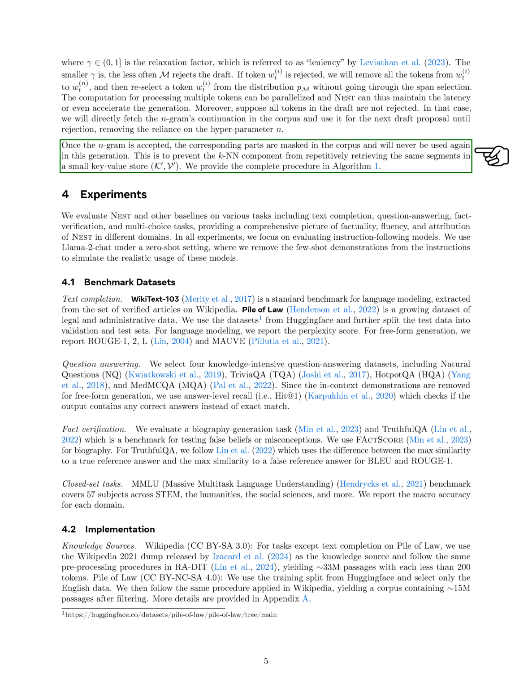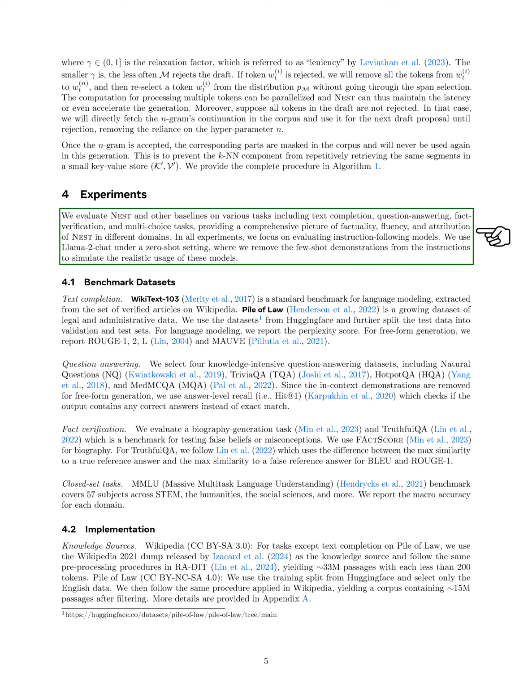Section: Experiments. In this section, we assess NEST and various baseline models across different tasks such as text completion, question answering, fact verification, and multi-choice tasks to understand how factual, fluent, and properly attributed NEST is in different domains. Our focus is on evaluating models that follow instructions accurately.